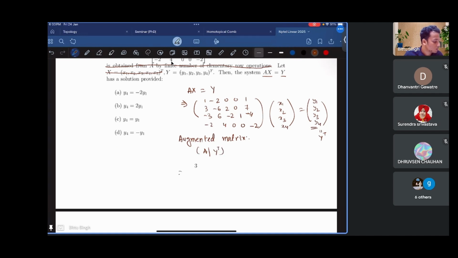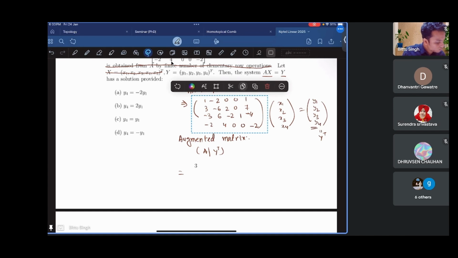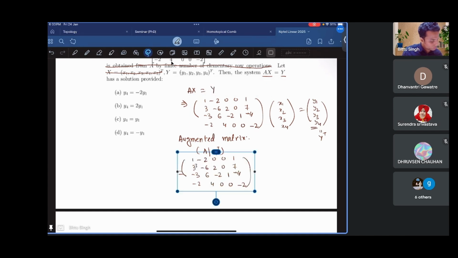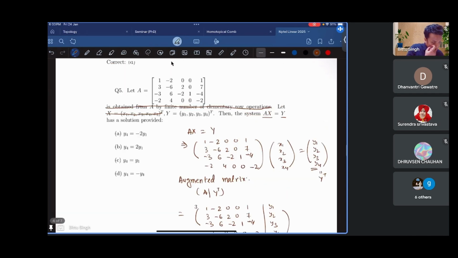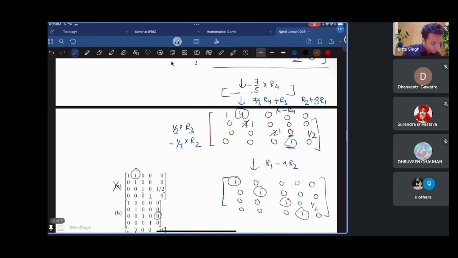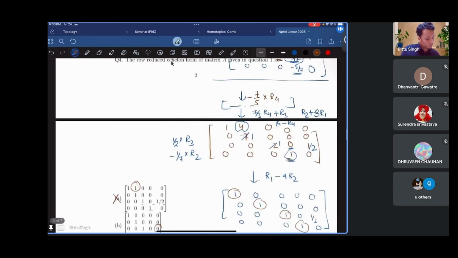If we put it like this, then we copy A, and Y is Y1, Y2, Y3, Y4. Is it matching with the previous questions? No, this is a different question.